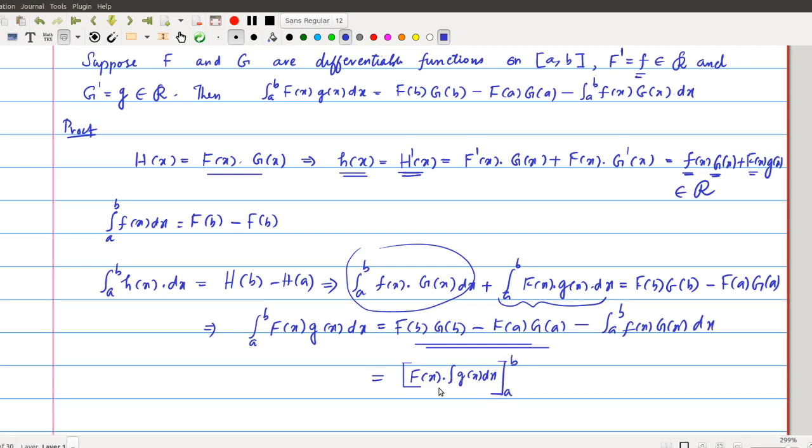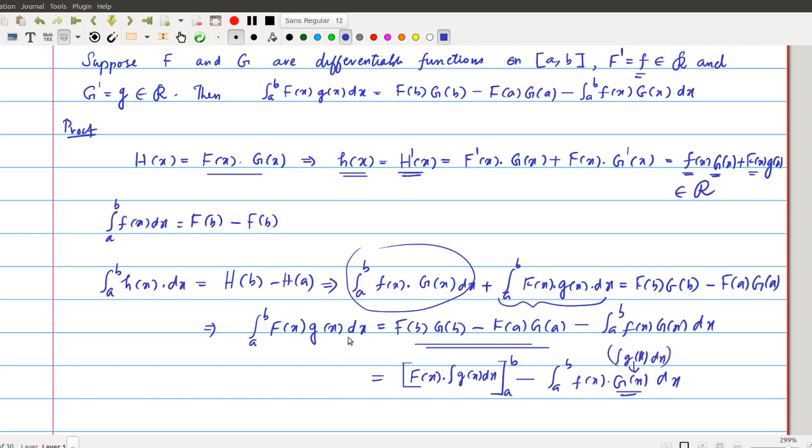So we have minus of this, integral a to b f of x times G of x dx. This G of x can also be written as integral of g of x dx. So we can replace this.